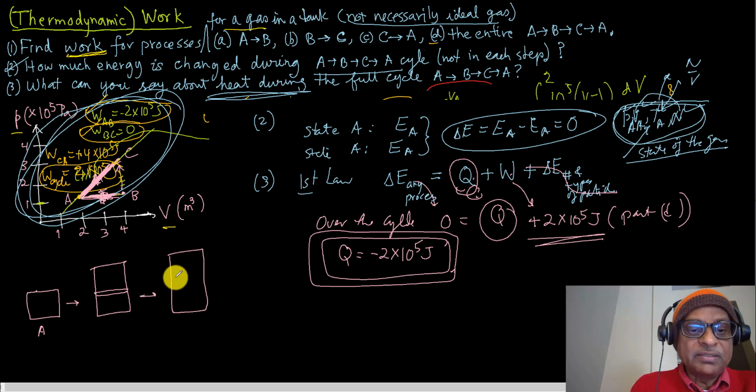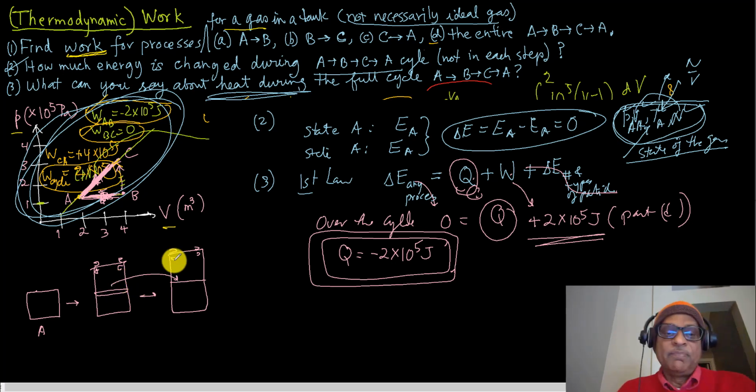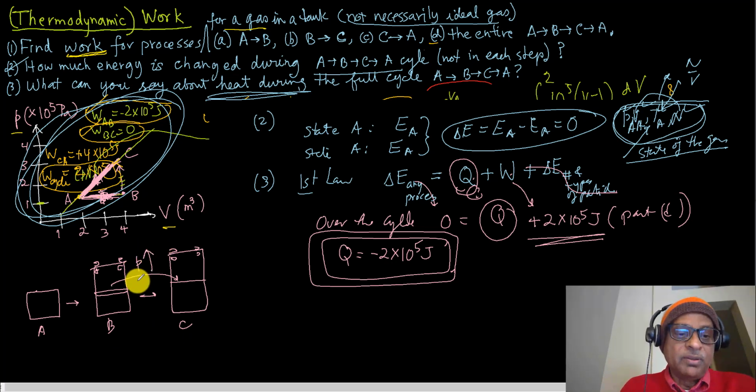We compressed it, so maybe over here I won't let the volume change. From here to here, I think I have to heat it up. At B the pressure went up, but the volume remained the same, B to C.